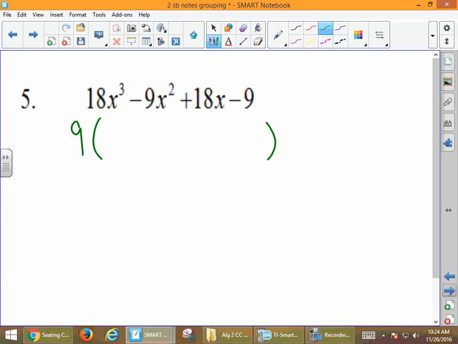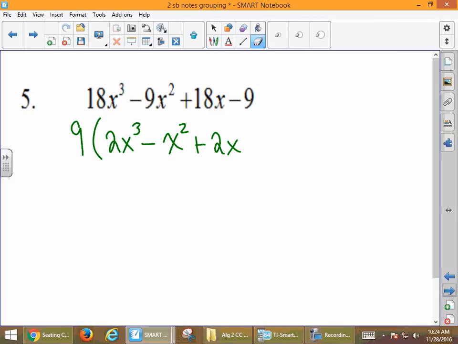And when we factor that out, 18x cubed divided by 9 is 2x cubed. 9x squared divided by 9 is 1x squared. 18x divided by 9 is 2x. And 9 divided by 9 is 1. So we have an overall GCF in this problem.